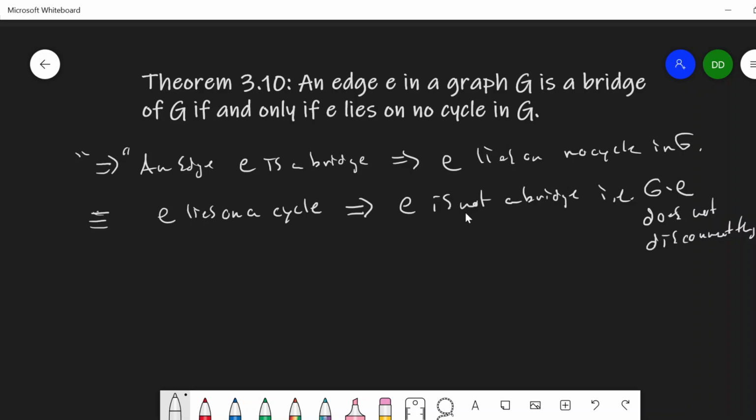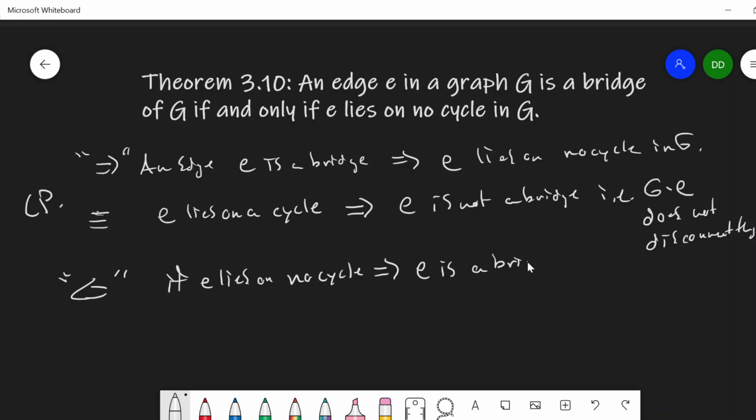So we're actually going to prove the contrapositive of the forward direction. We're also going to prove the contrapositive of the converse. The original converse would be: if E lies on no cycle of G, then E is a bridge. I'm going to turn it around and use the contrapositive again.